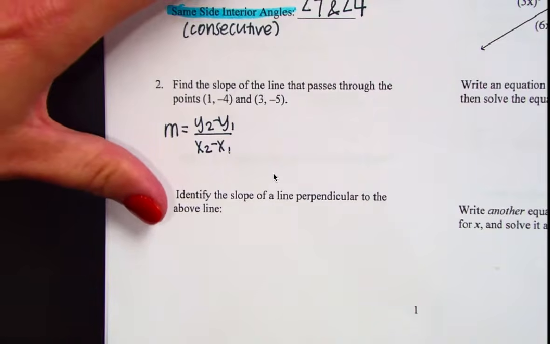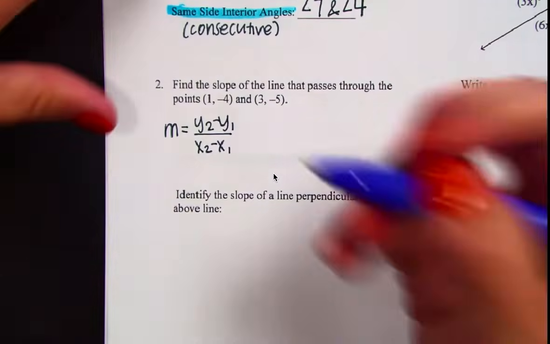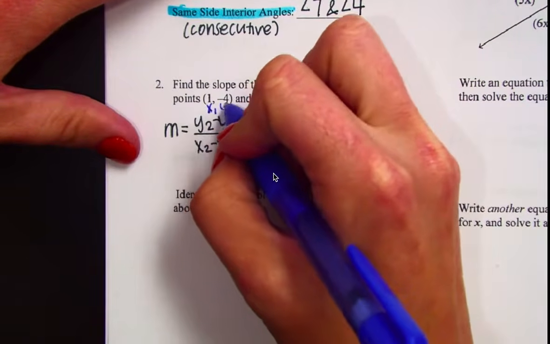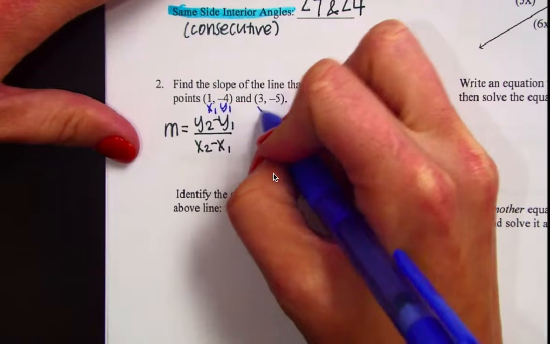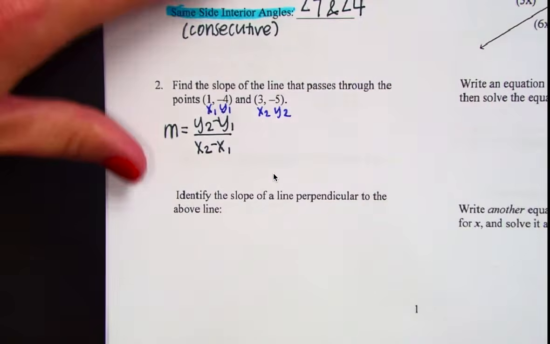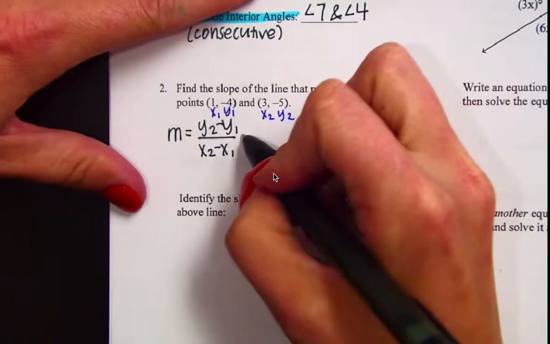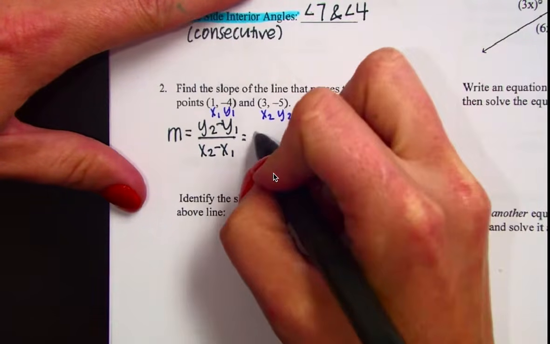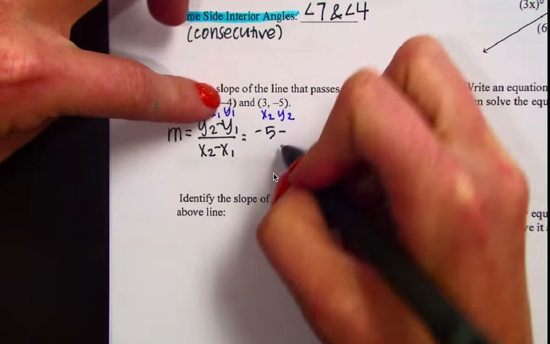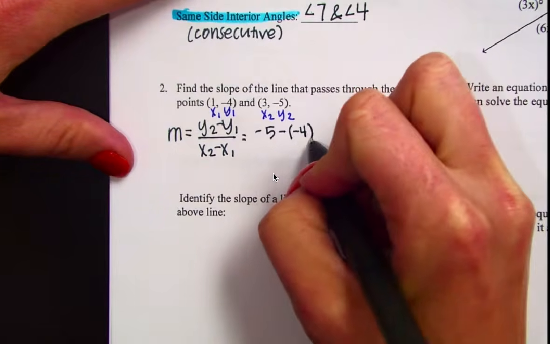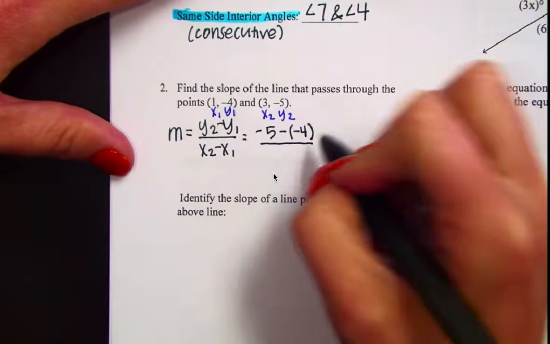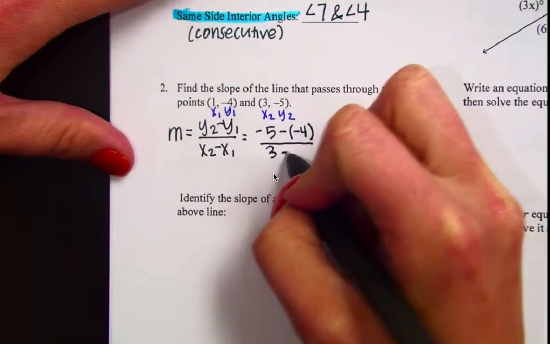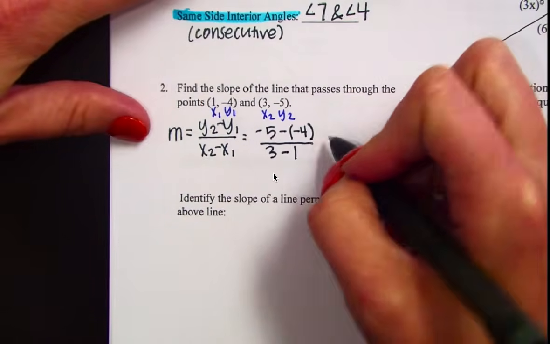So I'm going to go ahead and label these points so that I can plug them into my formula, x1, y1, and x2, y2, and I'm going to plug those numbers in. So y2 is -5 minus y1, so minus -4, and x2 is 3 minus x1, which is 1.